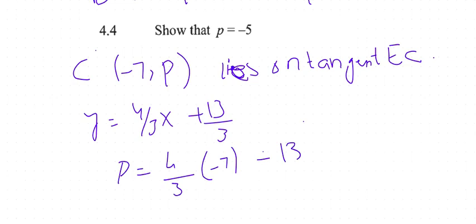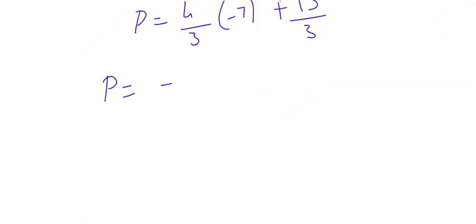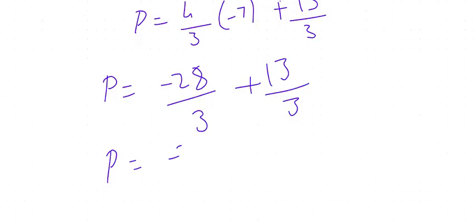You just have to simplify this equation and we got p equals minus 28 by 3 plus 13 by 3. So p equals minus 28 plus 13 by 3, which equals minus 15 by 3.